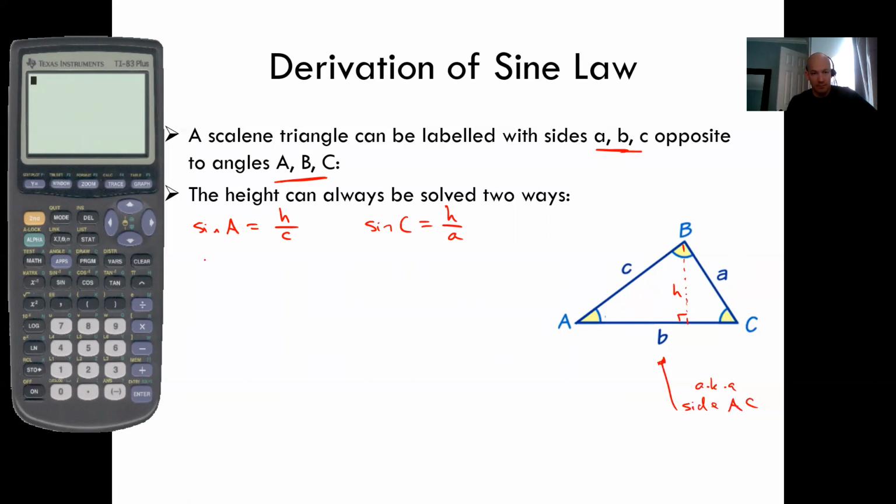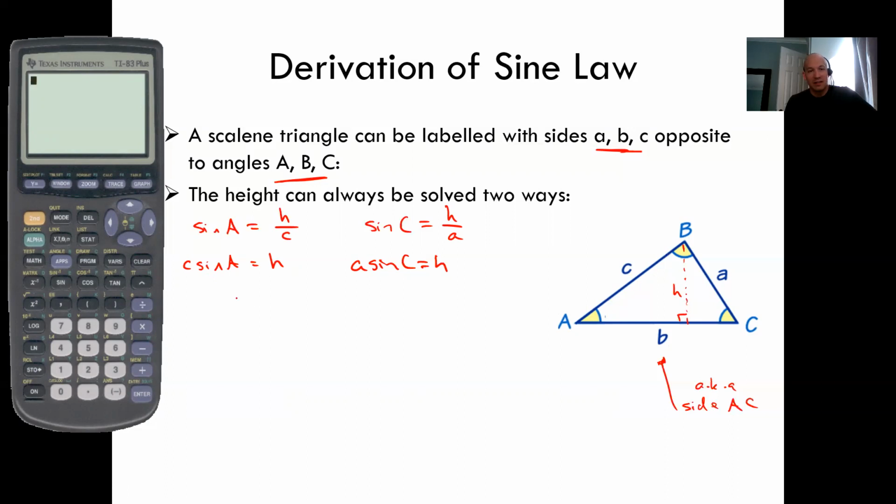What I can do then is multiply both sides by c on the left equation here, and multiply both sides by a over here. Because c sine A is equal to h and a sine C is equal to h, let's just write that h a little better.